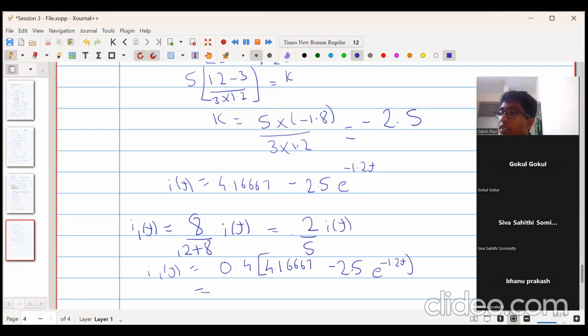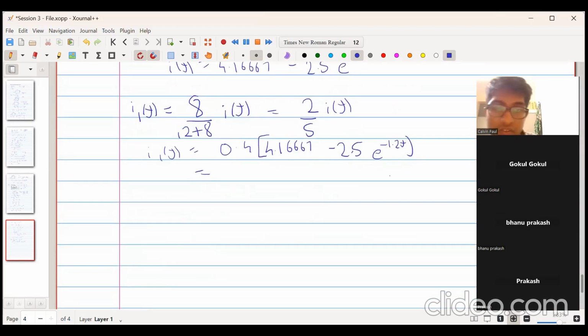So what is 0.4 into 4.1667? 1.668, sir. Okay, so that will be equal to 1.667 minus 0.4 times 2.5, which is 1, into e raised to minus 1.2 t. We have found the equation for I1 of t.